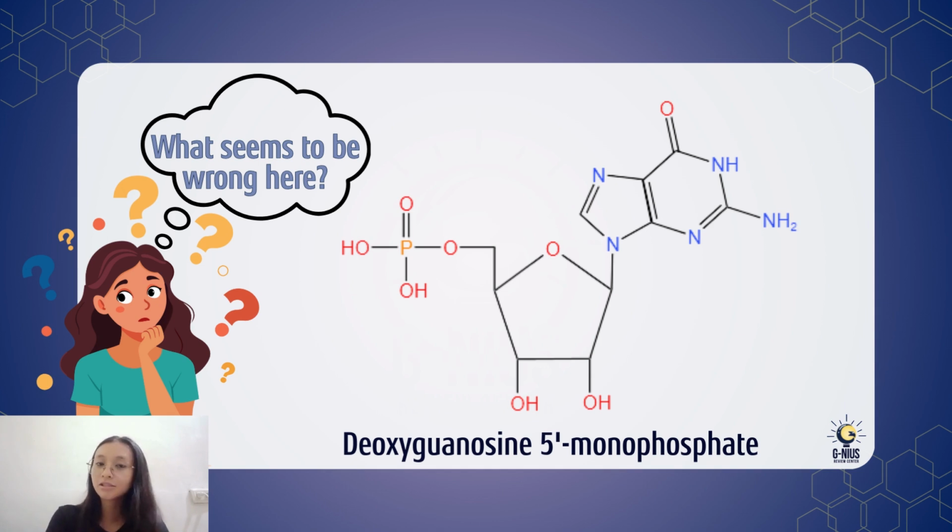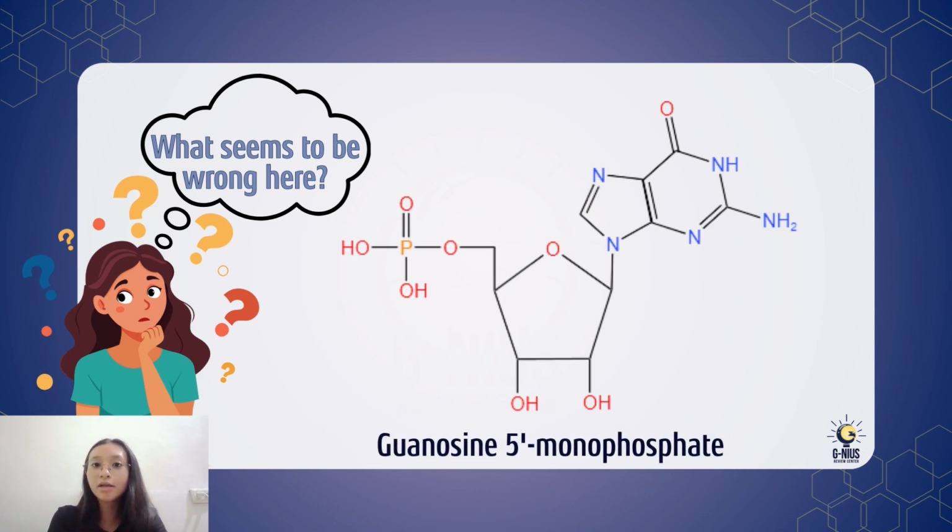Why is that? Because the sugar in the nucleotide is a ribose sugar. It is not a deoxyribose. And if you remember our naming rules, if it's a deoxyribose, you add the prefix deoxy at the start of the name. So, instead, the name should be guanosine 5' monophosphate.